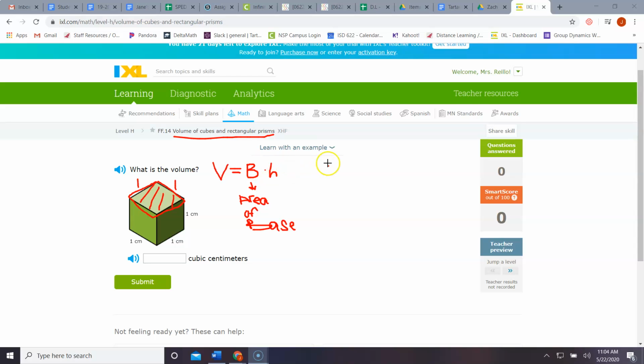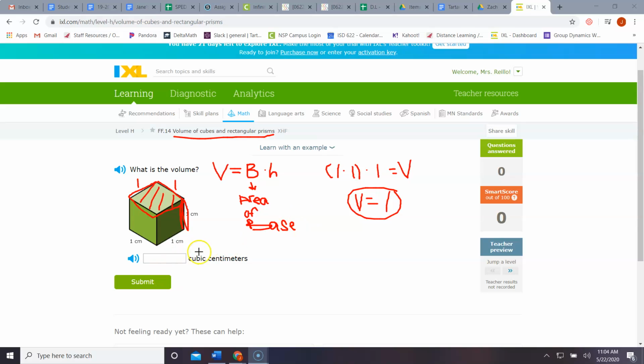So our big B is going to be 1 times 1, and then times our height. Our height of this object happens to be, since it's a cube, 1 centimeter also. So 1 times 1 times 1 is going to be our volume. So volume in this case is going to equal 1.